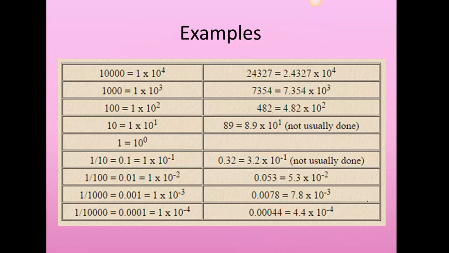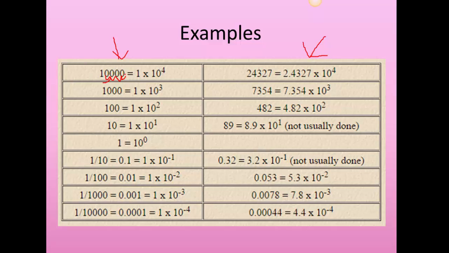Here are some examples of scientific notation. So if you look here, we have 10,000. So that's 1 times 10 to the 4th, because we move the decimal place over 1, 2, 3, 4 times. So this side gives you nice clean numbers to look at. When you're looking over at this side, it helps you see when you have different numbers.